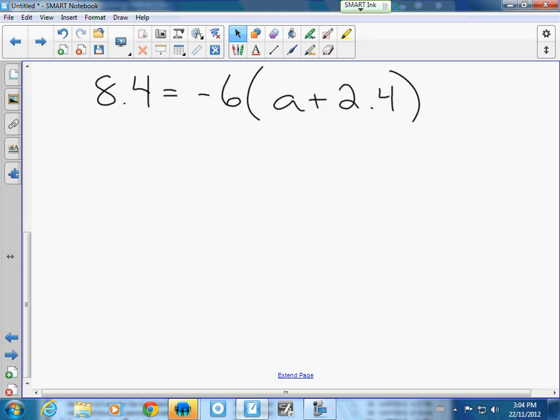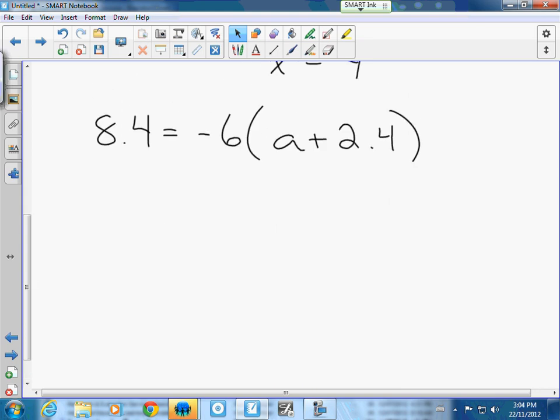You can, but try not to rearrange it just yet. What happens is if you get better with this, you'll start to rearrange it if you like. But after a while, you realize it doesn't matter if the answer equals A or A equals the answer. You'll be able to figure it out both ways. Distribute that negative 6. That's the first thing. Then probably do some addition or subtraction. That's the next thing.